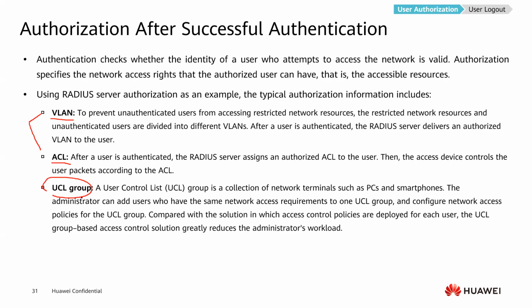You can also configure control policies based on the UCL groups, and so you can authorize the specific UCL group to specific traffic. So these three are the common authorization information authorized to the terminals.